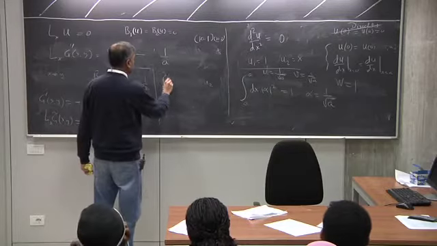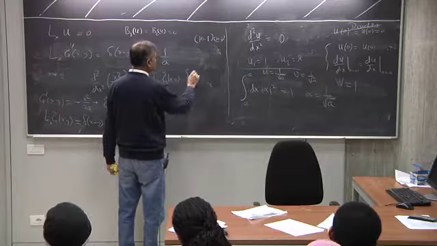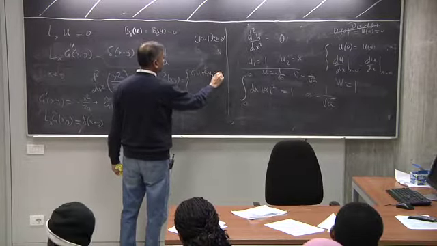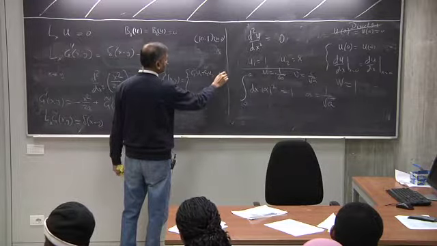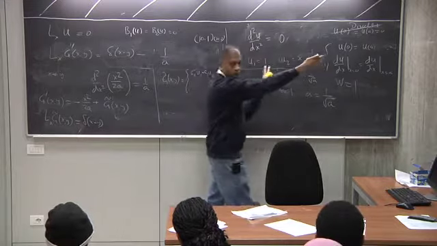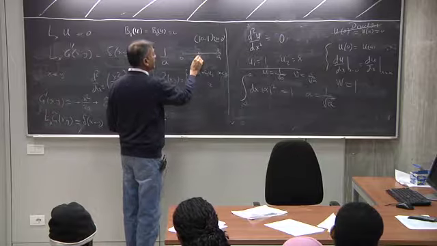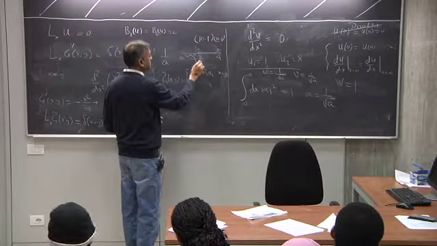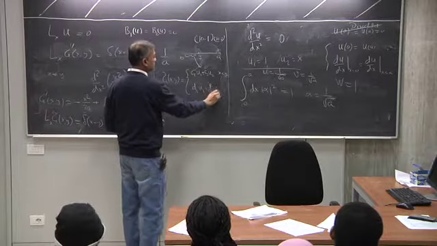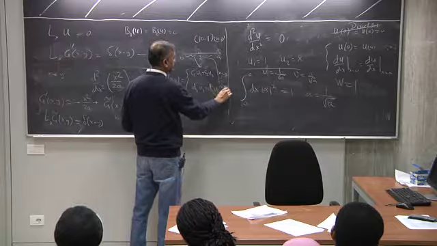G tilde of xy is equal to, say, C1 u1 plus C2 u2 for x less than y, always within the interval 0 to a. So here is my 0 and a, and here is some y. In this region I choose that, and d1 u1 plus d2 u2 in this region, x greater than y.